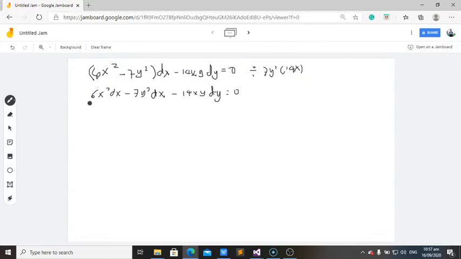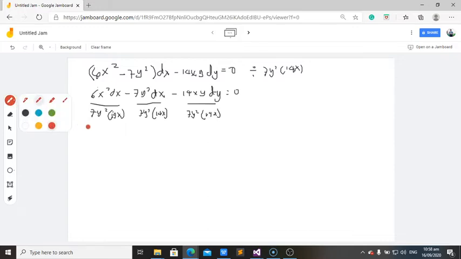So, obviously, we will be dividing this whole term by 7y squared times 14x.